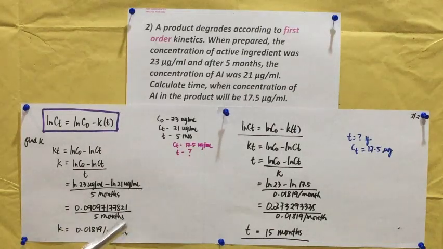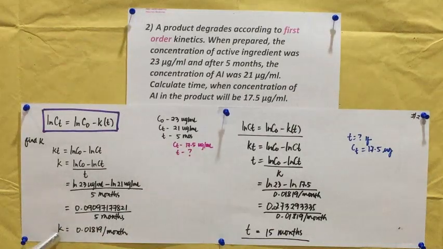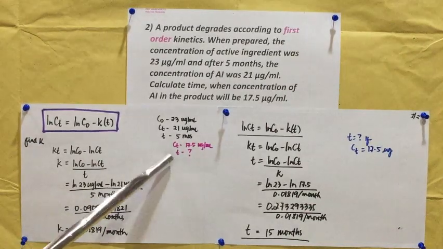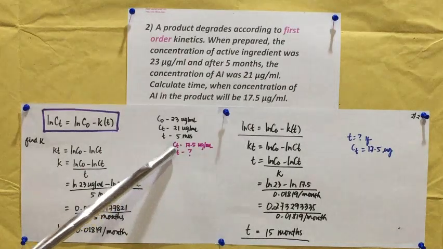Now, divide this with 5 months. So, our K now is equivalent to 0.01819 per month.